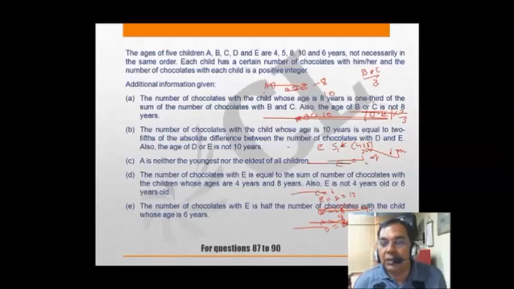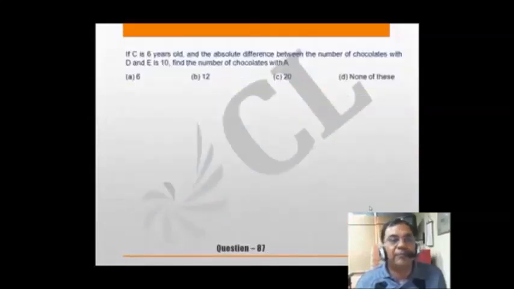C is 6. Positive integer. So if I start checking it out, because cannot be determined is not there, so it's a good question.